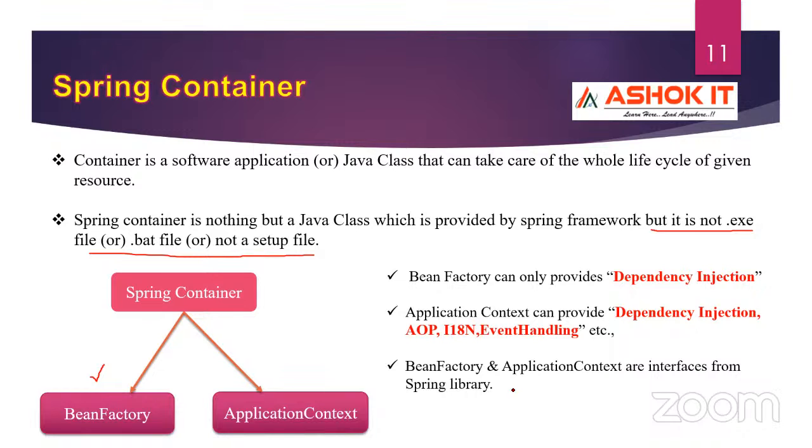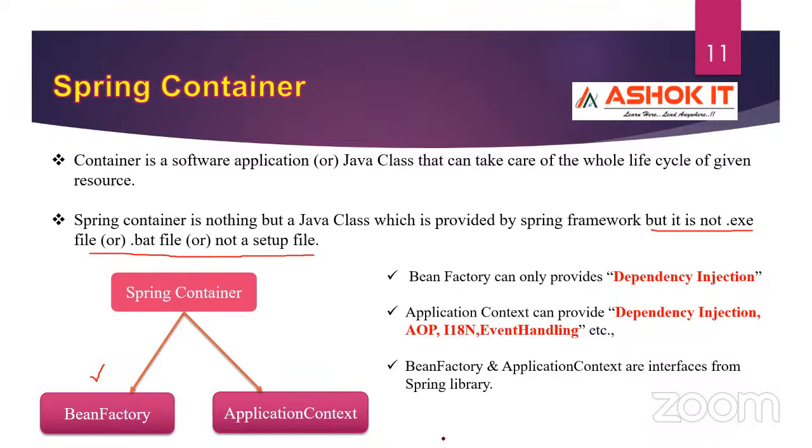Can you please confirm? Happily you can do, right? So Bean Factory is a parent interface and application context is a child interface, guys. That's why the application context container will have more features than the Bean Factory container.